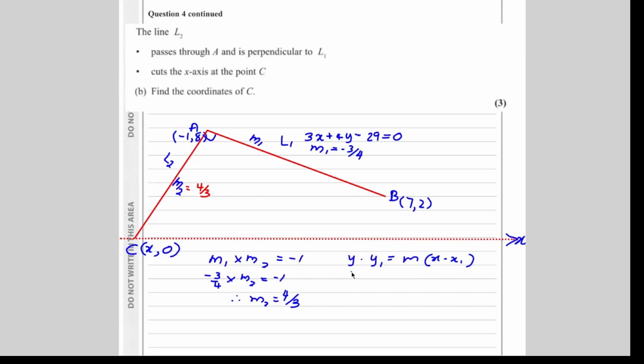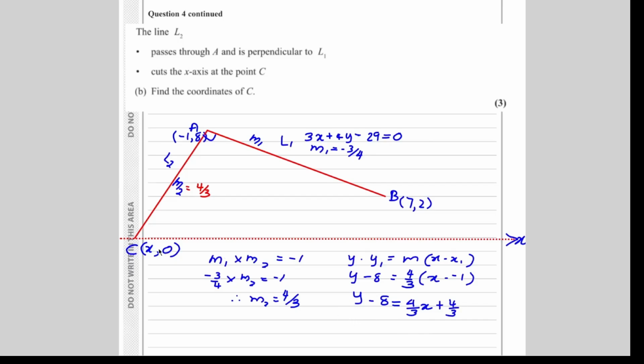So y minus, the coordinate of A, y1, which is 8, equals m, 4 over 3, times x minus x1, minus 1. If you simplify this, I'm not simplifying, I'm keeping it in this way. y minus 8 equals 4 over 3 x plus 4 over 3. So this is the equation of L2. Let's just keep it in this way.